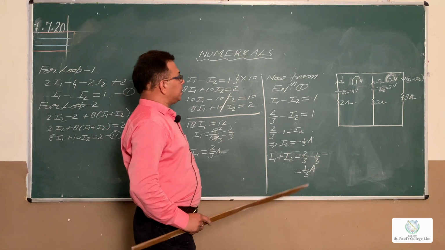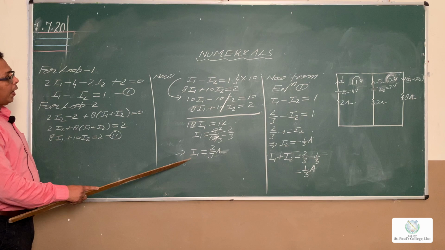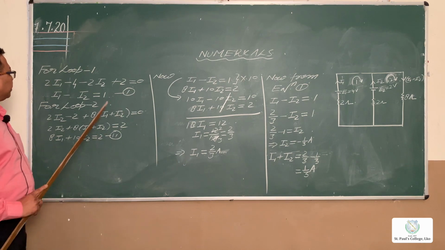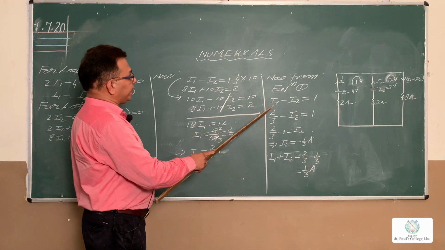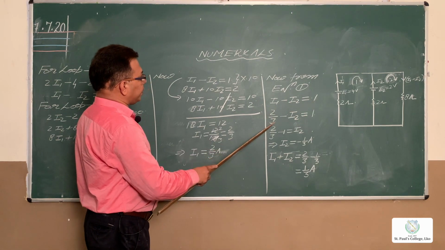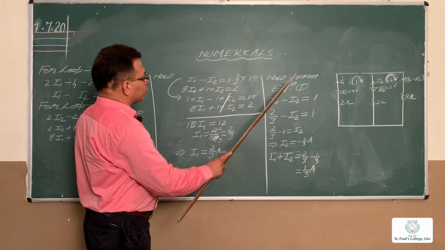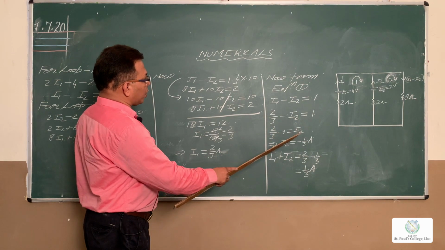Now you will put this value of I1 in equation first. What is equation first? I1 minus I2 is equal to 1. So 2 by 3 minus I2 is equal to 1. You will solve: 2 by 3 minus 1 is equal to I2.